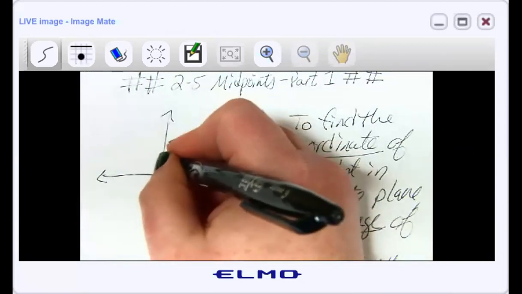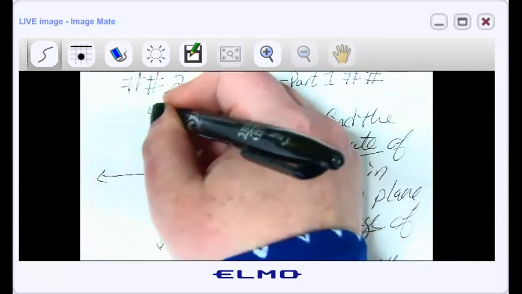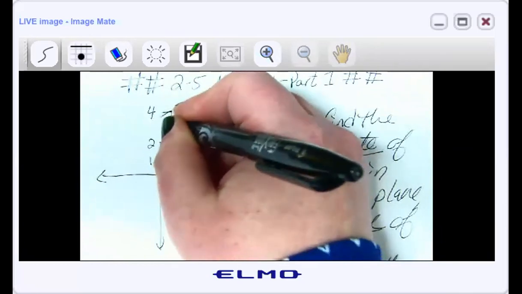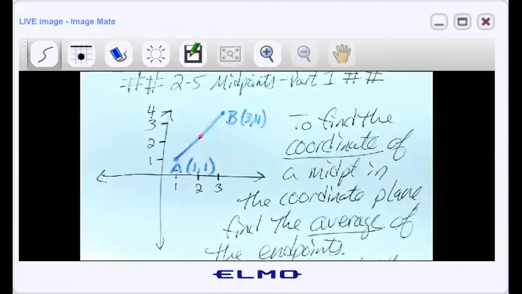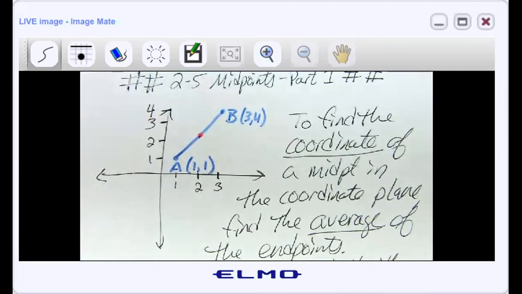And then if this is 1, and I made this one 4 up here, then maybe 2 is about here and 3 is about here. Yeah, this looks totally plausible. If it's supposed to be at (2, 2.5), yeah, that looks about right.